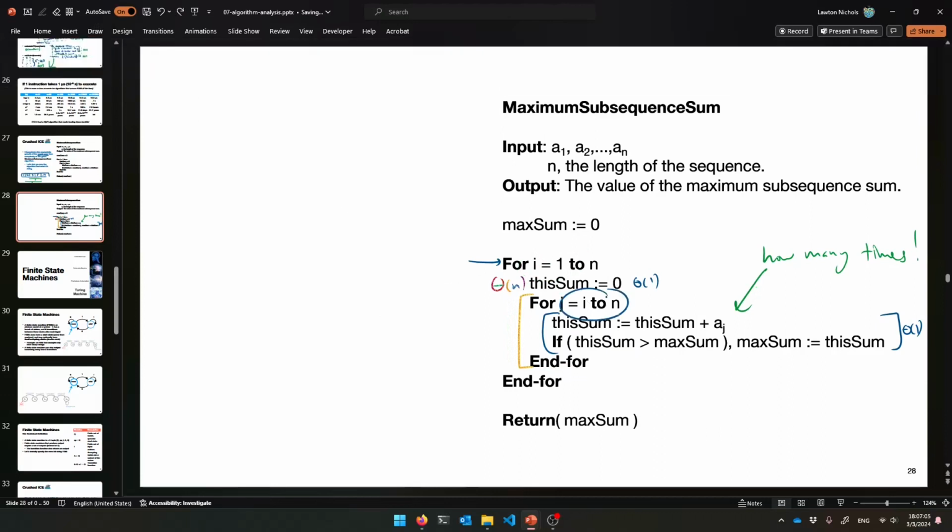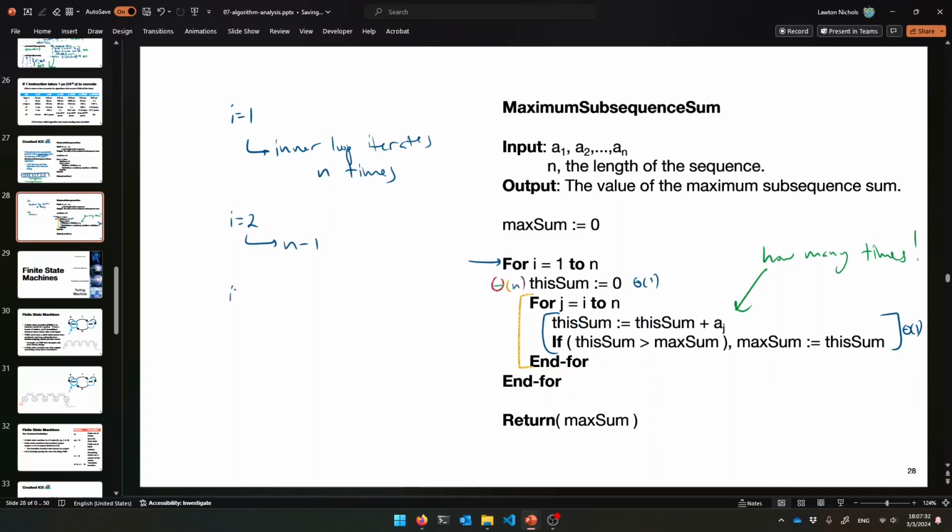So if i equals 1, then the inner loop iterates n times. I hope you see that. And then when i is 2, j goes from 2 to n, so for a similar reason, it iterates its body n minus 1 times.